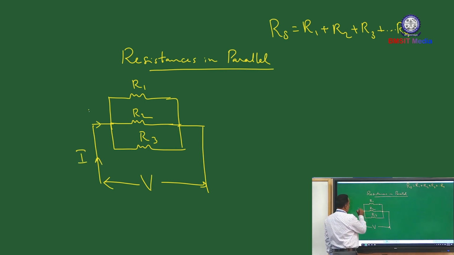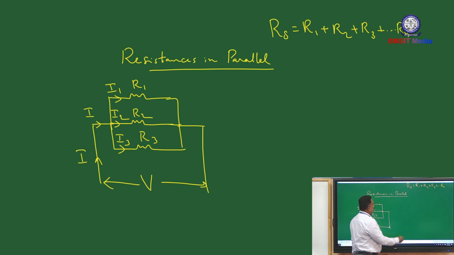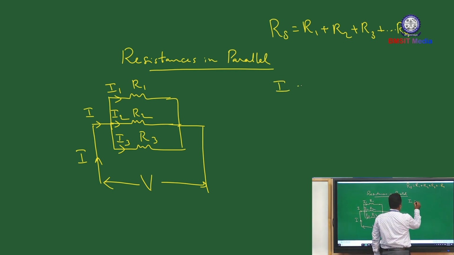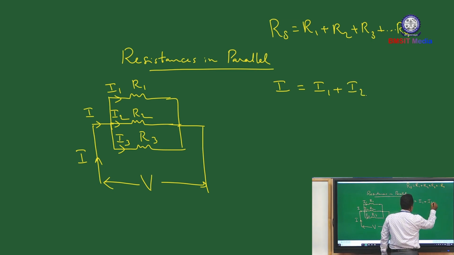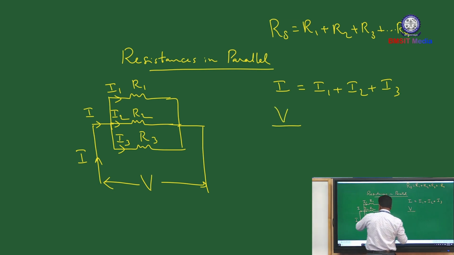Here the current gets divided. I1 is the current through R1, I2 is the current through R2, I3 is the current through R3. So this total current I is equal to I1 plus I2 plus I3. This I is the total voltage divided by equivalent resistance of these 3 resistors in parallel. Let us call that RP.